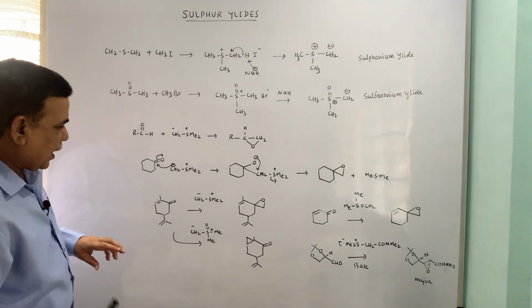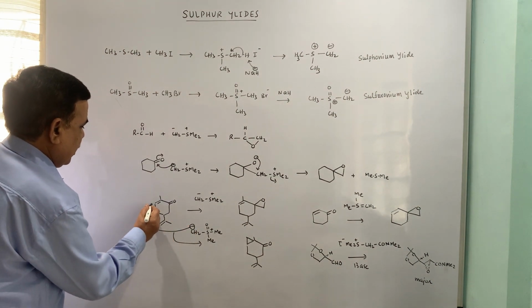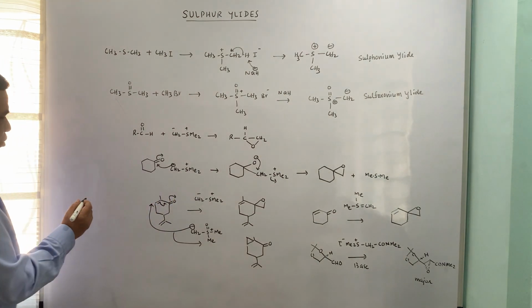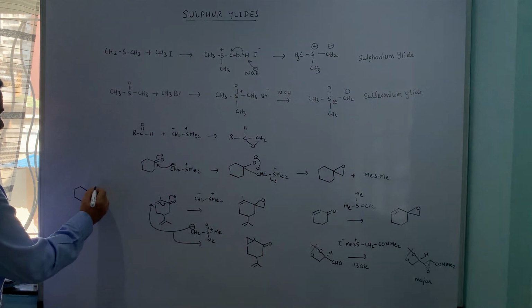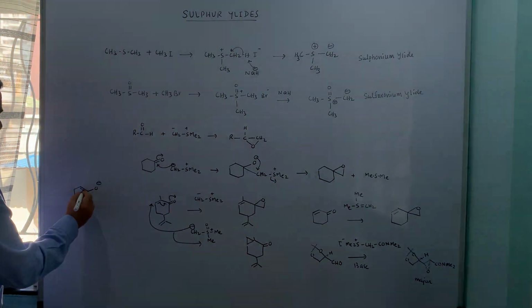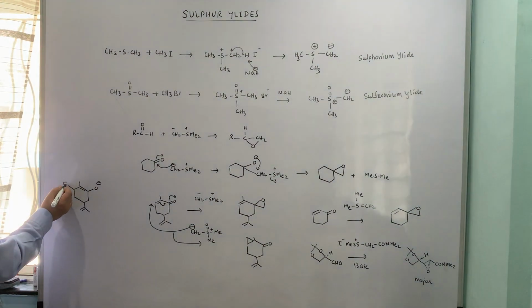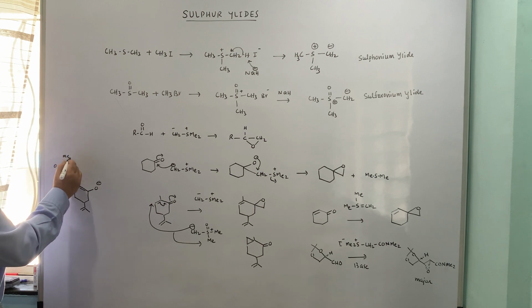We can write down the mechanism if you want. This will come here, this will go there. So the intermediate I am going to put, the other entities would be as it is. This becomes O minus, and now here you are attaching the CH2 and then S double bond O, Me and plus.